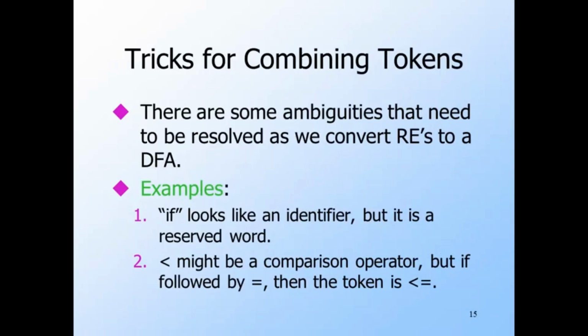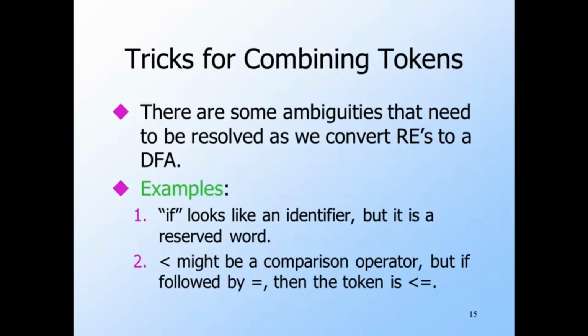When building a lexical analyzer using regular expressions for the tokens, there are some resolution of ambiguities that need to be faced. Two examples are illustrated here. For one, reserved words like if also match the expression for identifiers, but if is not a legal identifier, so we have to make sure the lexical analyzer does the right thing on if.